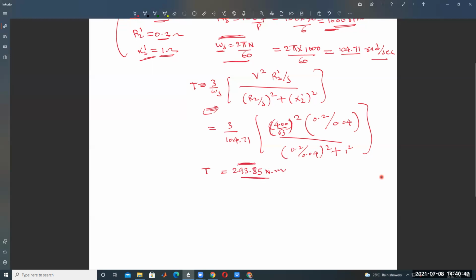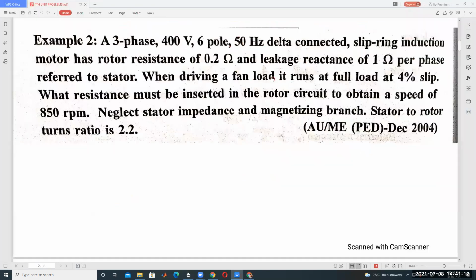Okay. Then for fan load, what is the relation between torque and speed? Torque is proportional to... This is a fan. So this question is given: when driving a fan load.